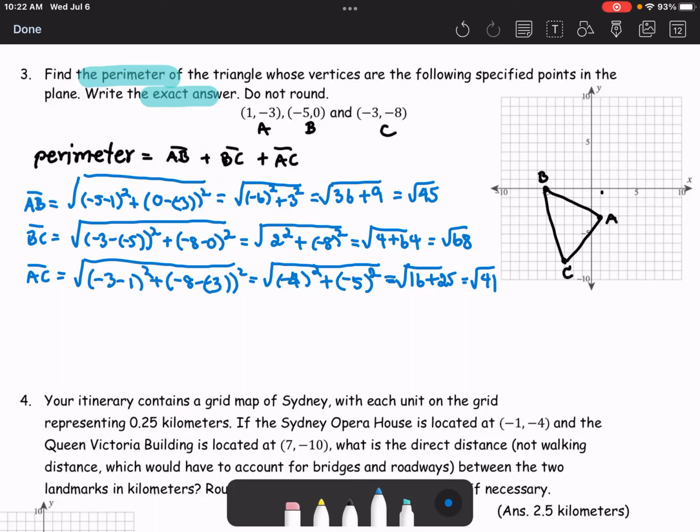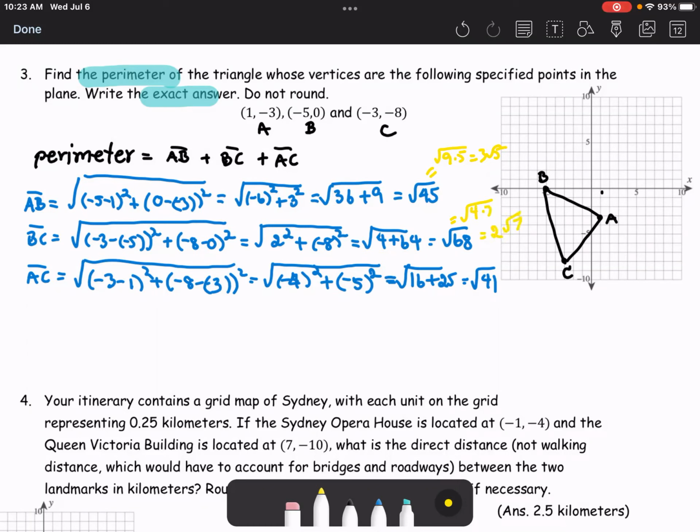Before we add, let's see how much we can simplify each one. Square root of 45, that is square root of 9 times 5, or 3 square root 5. Square root of 68, 68 is 4 times 7, so that is 2 square root 7.